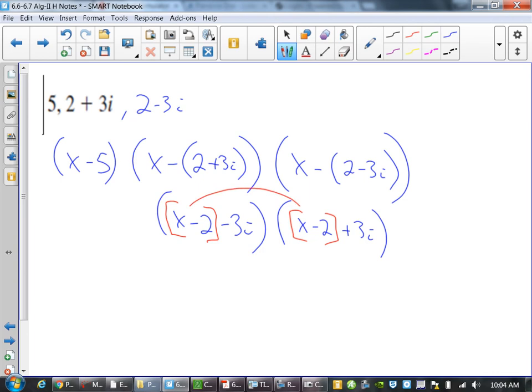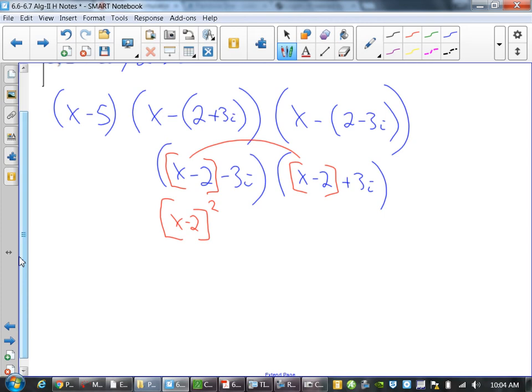First, so I get x minus 2 quantity squared. But take a look at what happens. Isn't this the same as saying a minus b, a plus b? Wouldn't that work itself out to be a difference of squares?